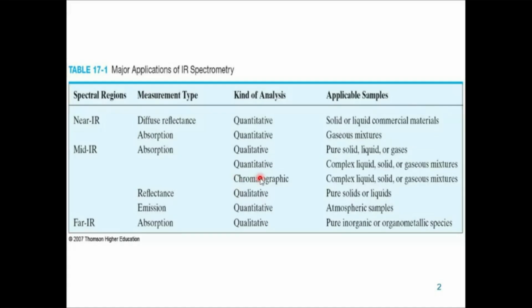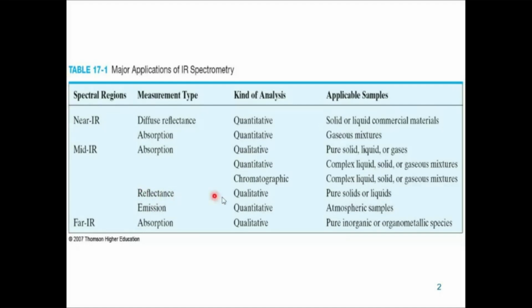The corresponding application is that it can qualitatively measure pure solids, liquids, or gases. It can quantify complex liquids. When we say complex liquid, it means there is a mixture of different liquids in it, mixture of solids or gaseous mixtures. If it is combined with chromatography, again liquid, solid, and gaseous mixtures can be studied.